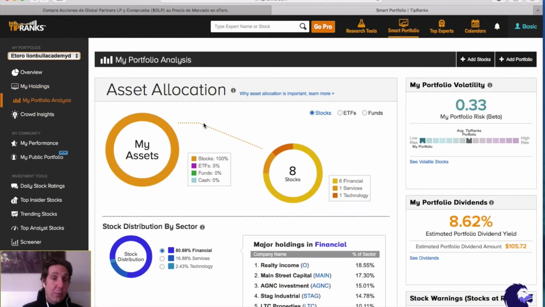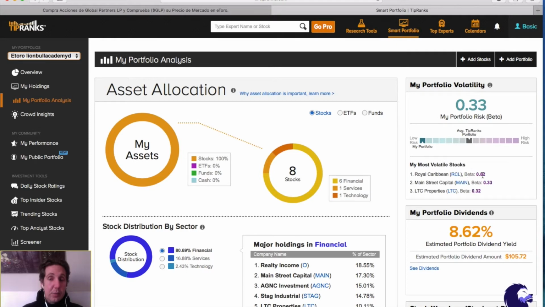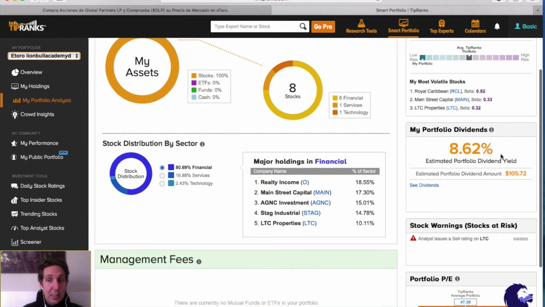Then you have my portfolio analysis here. Why do I use this part? Because I can measure my real risk. It is very low. Here I can show the volatility of the market, but here the one I'm more interested in is this one. Here it shows my portfolio dividends. This means how much dividends my portfolio will make, how much dividend I will earn in percent and in money, in value.